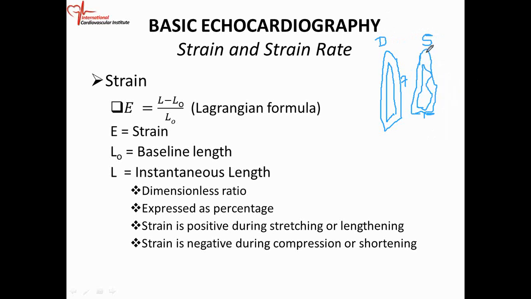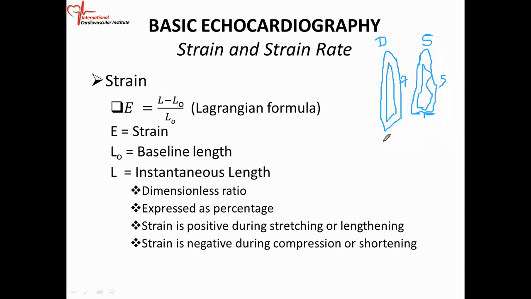You're going to measure now from the apex to the base again, and you probably get 5 centimeters, because in systole the base of the heart moves up towards the apex. So if you plug that into your equation, L naught is your original length, and L is what we call the instantaneous length.